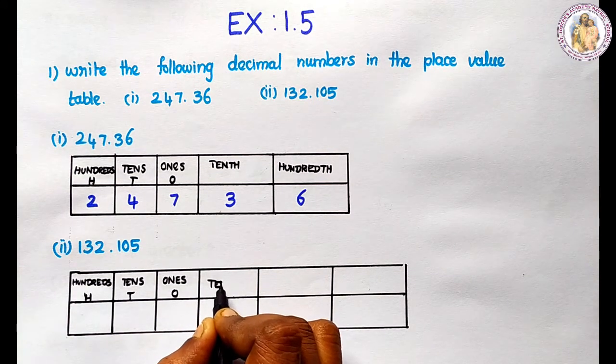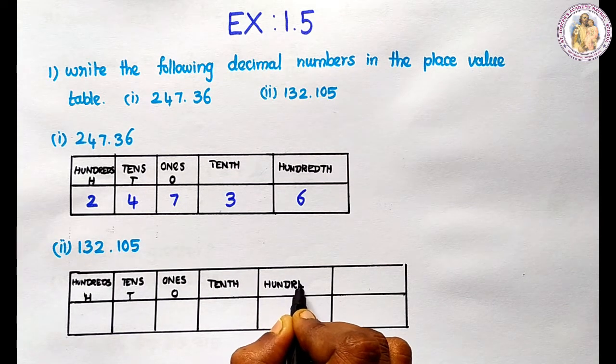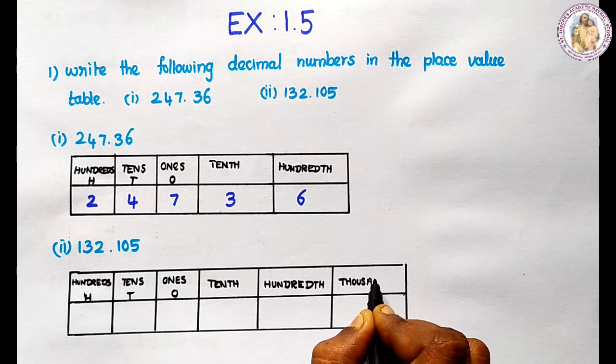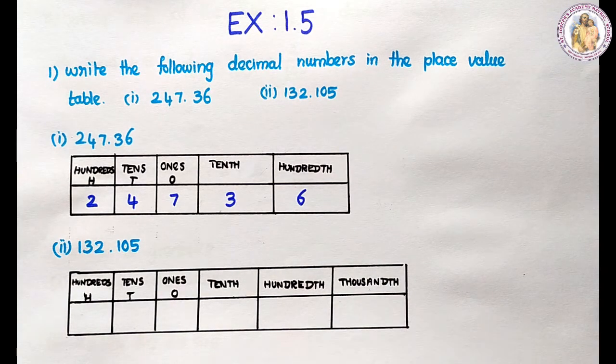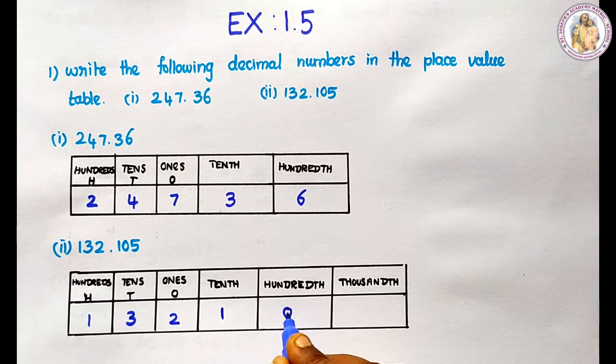Here tenth, hundredth, thousandth. So answer, ones 2, tens 3, hundreds 1, tenth 1, hundredth place is 0, and thousandth place 5. So that is the answer.